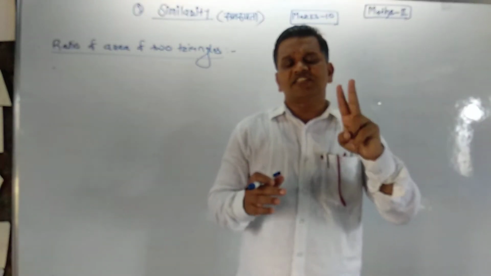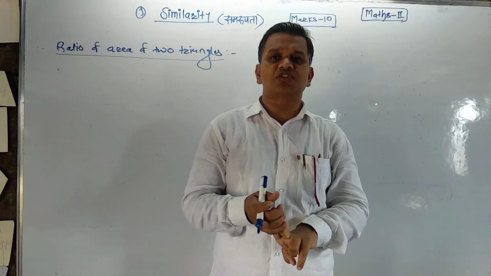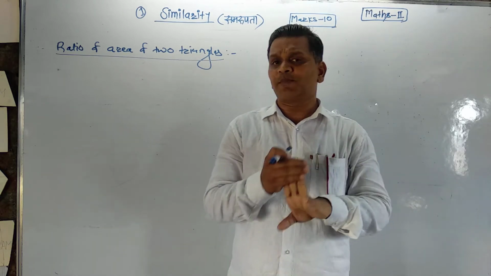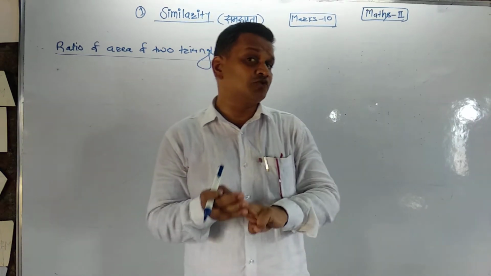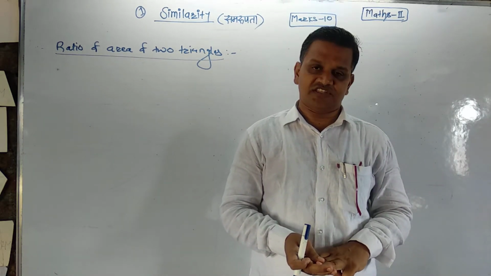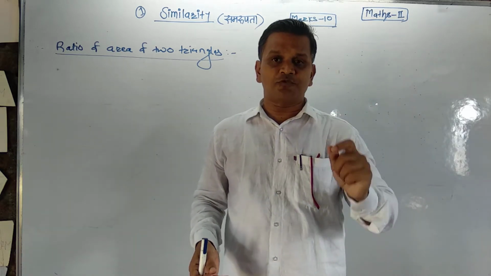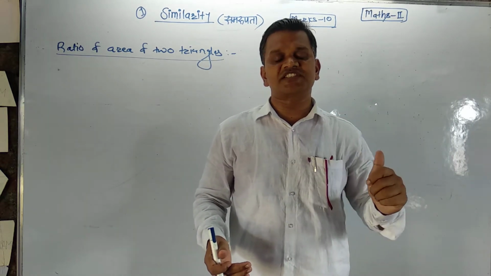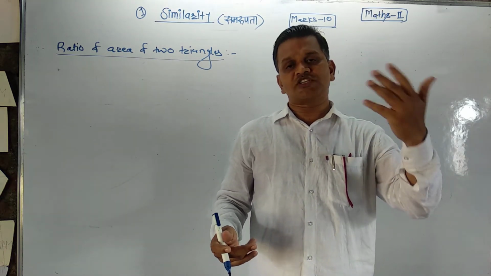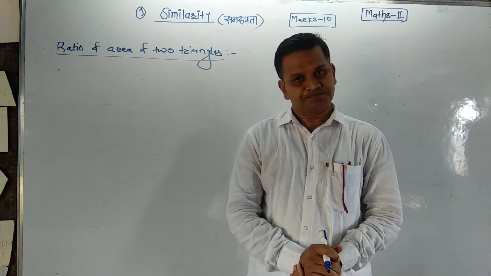Second property: the ratio of areas of two triangles having equal bases is equal to the ratio of their corresponding heights. Third property: the ratio of areas of two triangles having equal heights is equal to the ratio of their corresponding bases. And fourth property: the ratio of areas of two triangles having equal bases and equal heights is 1:1. That is, their areas are equal.